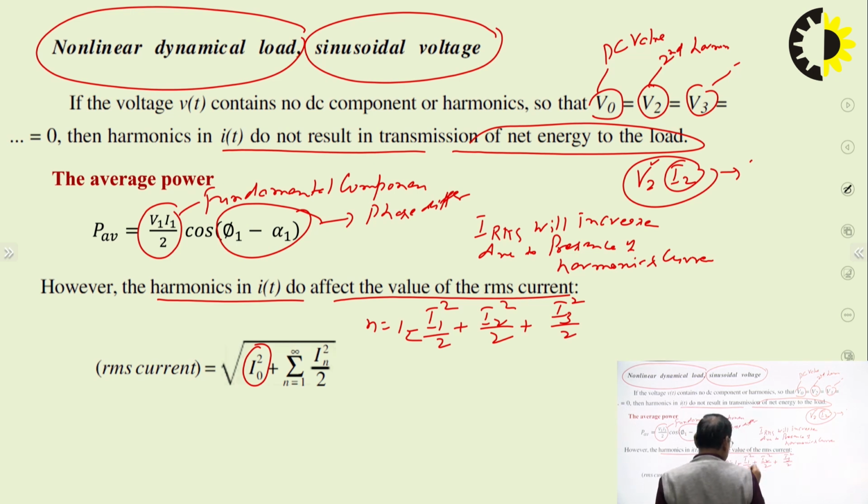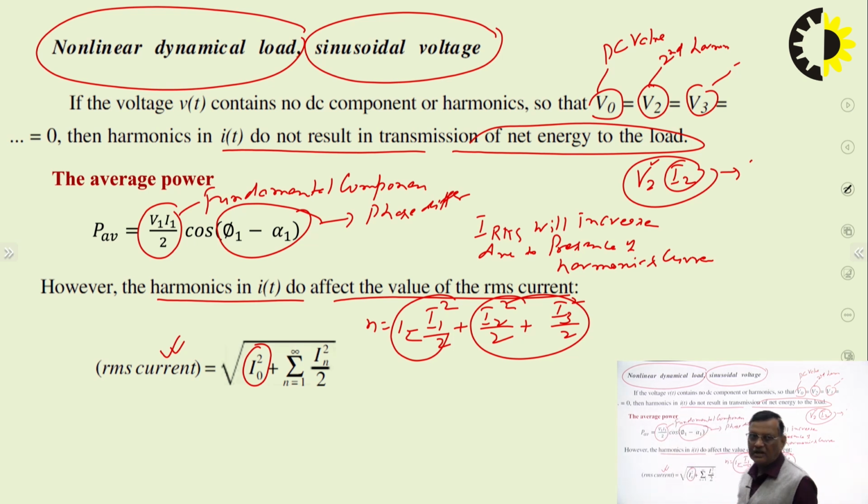So we can see that this is the fundamental and these are the harmonic components. So IRMS is increasing. These components I2, I3, I4, I5 will not take part in the energy transfer.